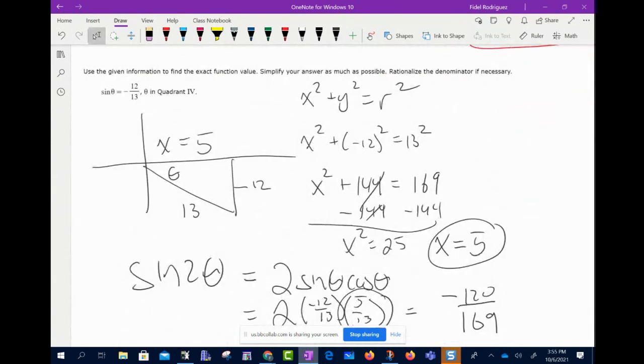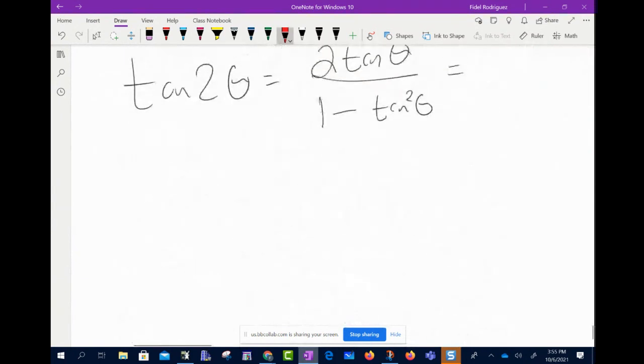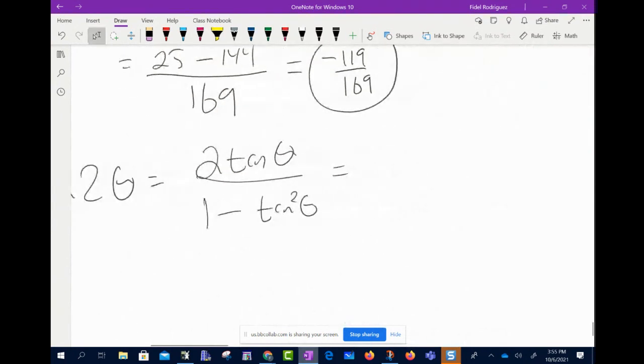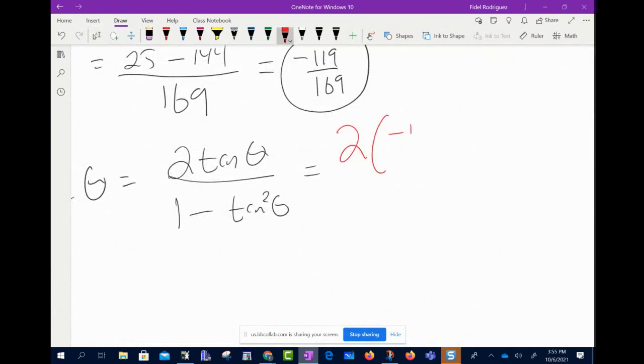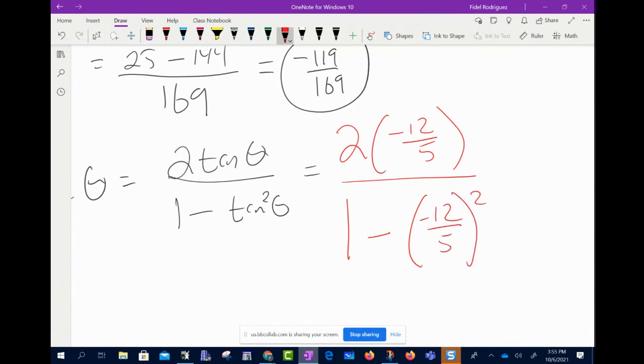What's the tangent of theta? Negative 12 over 5, right? There's our tangent theta. So we're going to have 2 times negative 12 over 5, over 1 minus negative 12 over 5 squared. If I multiply that, that should be a negative 24 over 5.